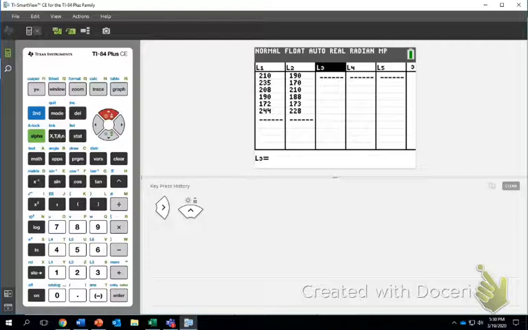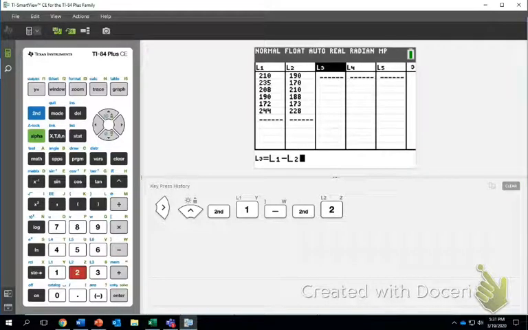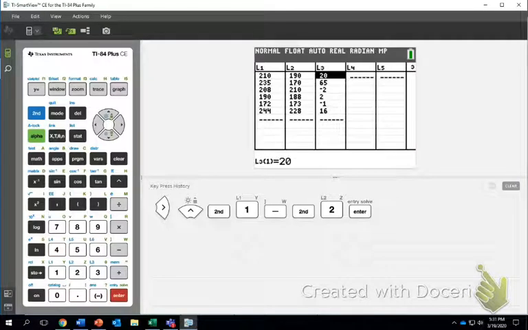Remember, list 1 and list 2 are in blue above number 1 and number 2. So click second, L1, minus, second, 2, which is L2, and press enter. And now we have all of our differences.